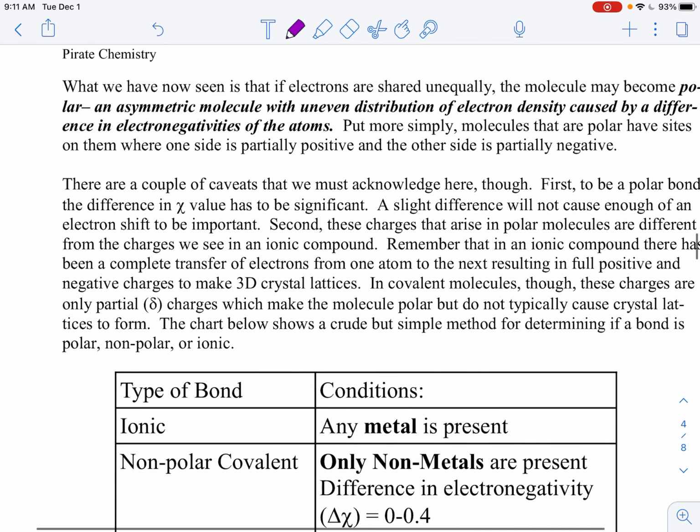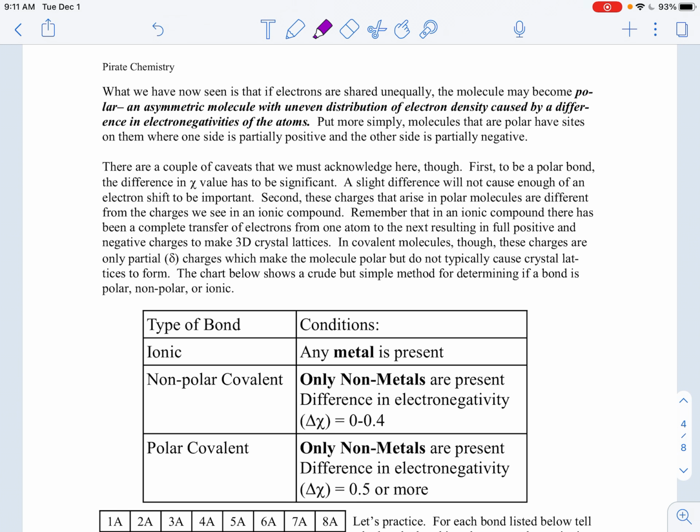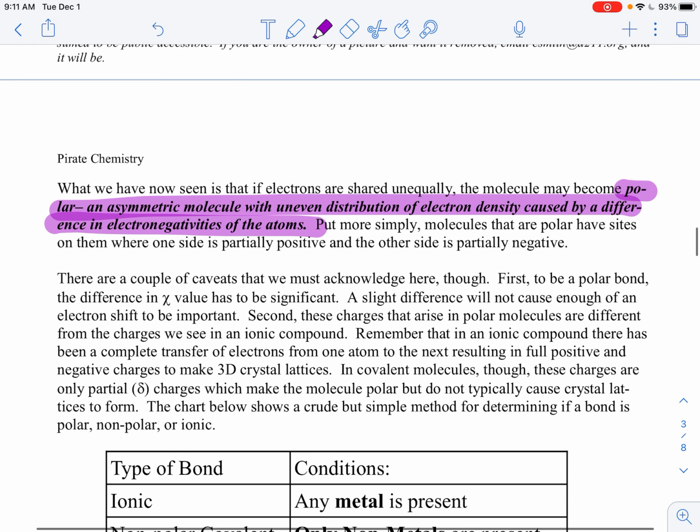All right, so here we go. New terms. Our new terms are polar. And what polar means is you have an asymmetric molecule with an uneven distribution of electron density caused by a difference in the electronegativities of the atoms.